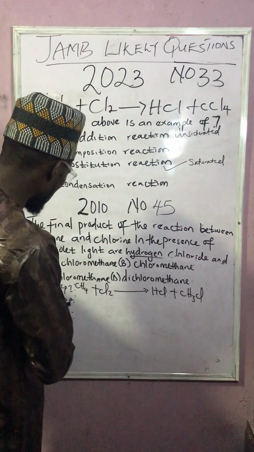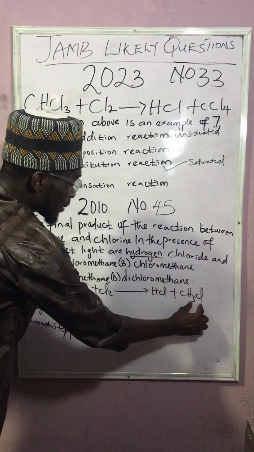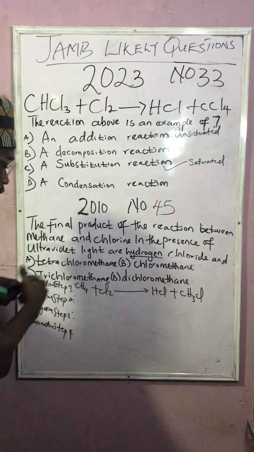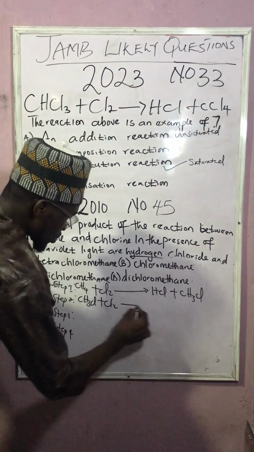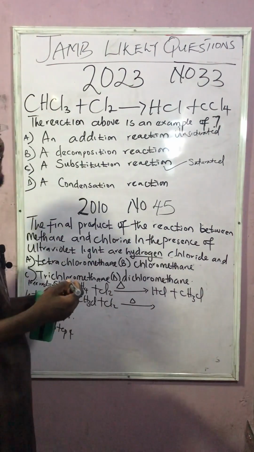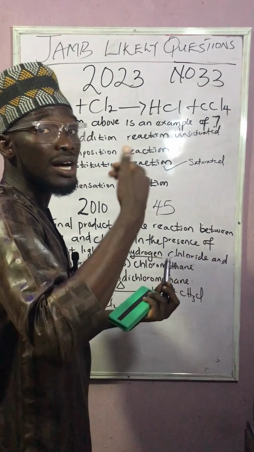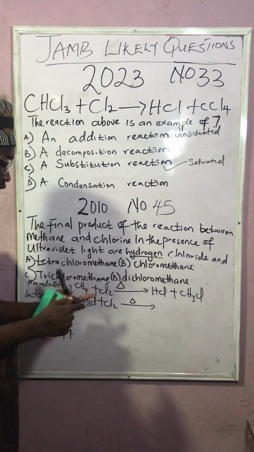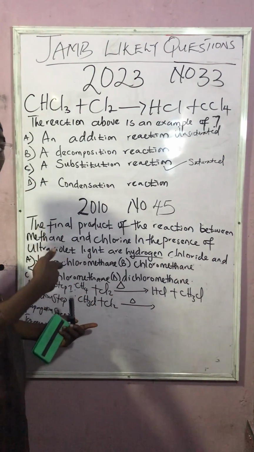The second one, which is initiation, which is step 2. What we have here, the final product here, we are bringing it here by adding chlorine. So we have CH3Cl plus Cl2. Don't forget the ultraviolet light, always add it there. Is that clear now? So that will act more as a catalyst. The same thing we did under the free radicals is also applicable to initiation.